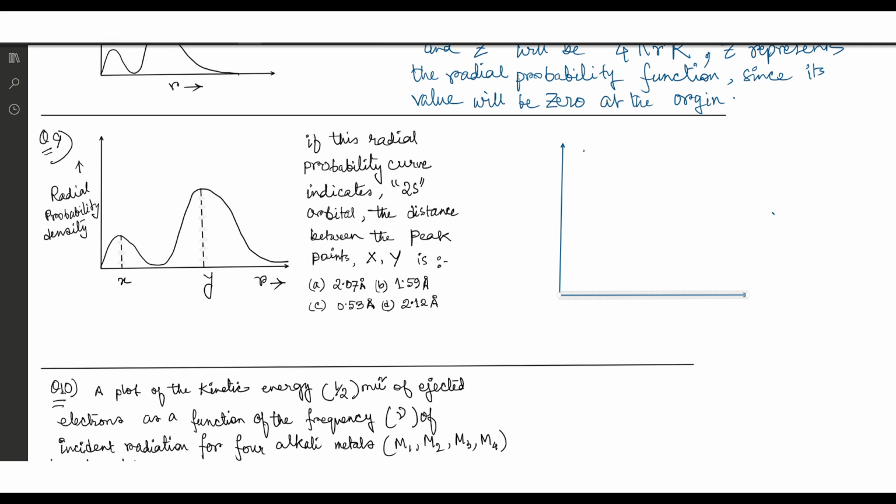Here it is, and here, therefore it must be a0 and it must be 5a0.